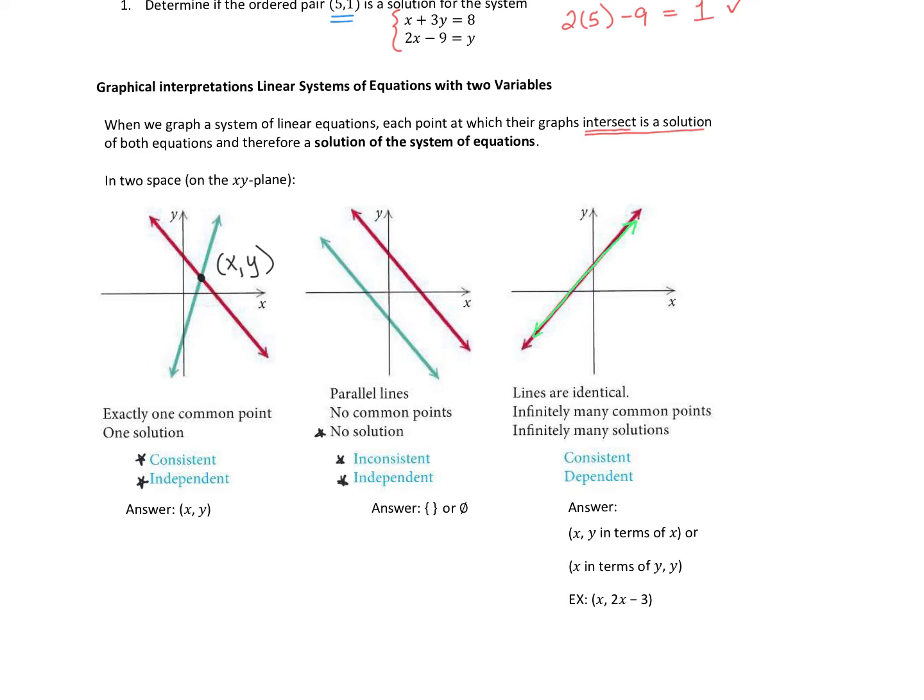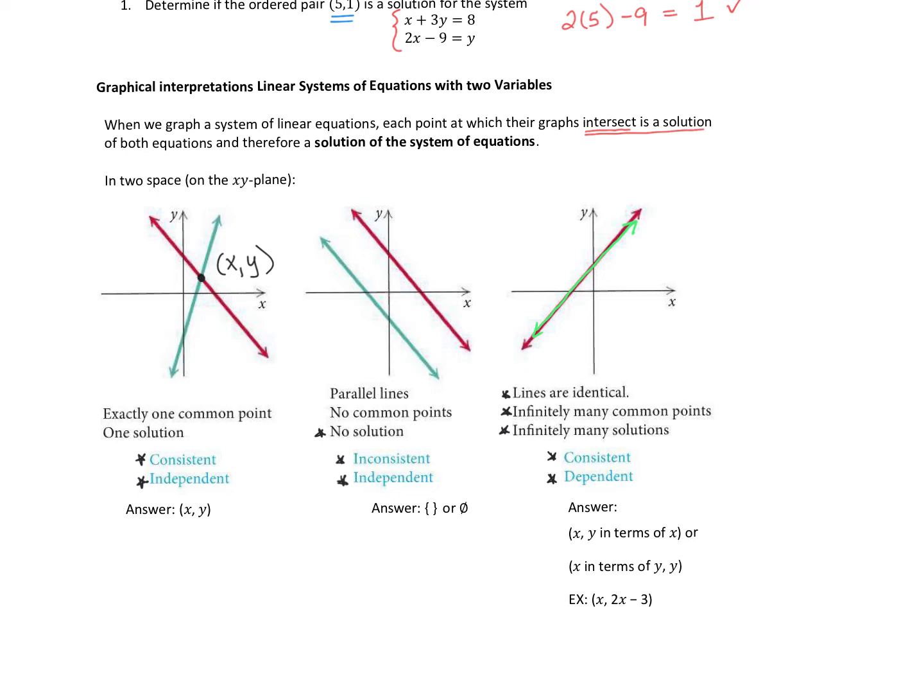So they don't just cross in one point, they cross in all the points. Because the lines are identical, there are infinitely many common points, and so there are infinitely many solutions. We call that a consistent system because it does have a solution, but these two lines are dependent. They're actually the same line.